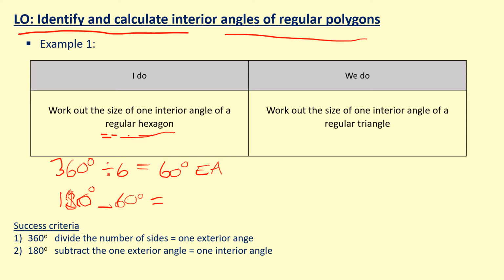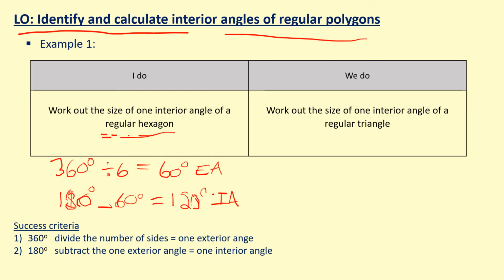Nice easy sum, isn't it? 120. And that is going to be our interior, so I'm just going to label that IA, interior angle.